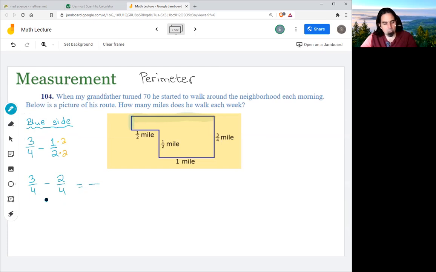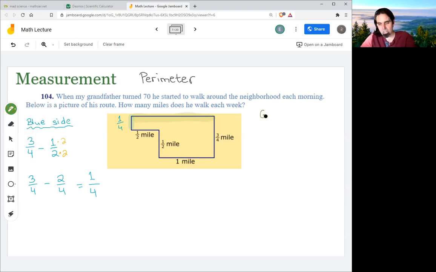When I'm subtracting fractions, the denominators act like a label. Fourths are like trees or eggplants or whatever I'm counting today. So I have 3 of the fourths, I get rid of 2 of the fourths, and what I have left is 1 of the fourths. So that one is 1/4. And I know it's miles, I'm just being lazy and not writing it.